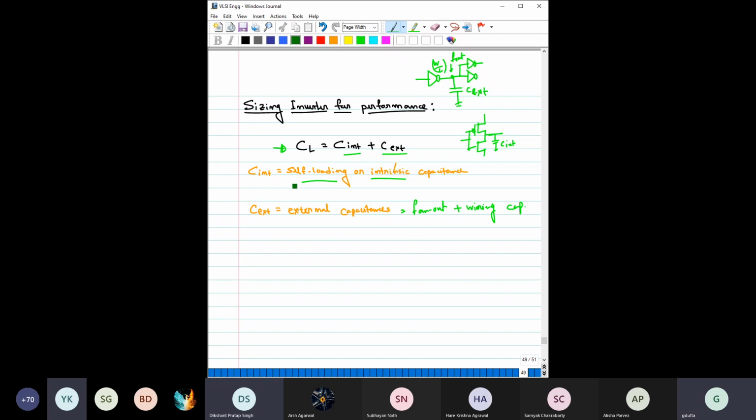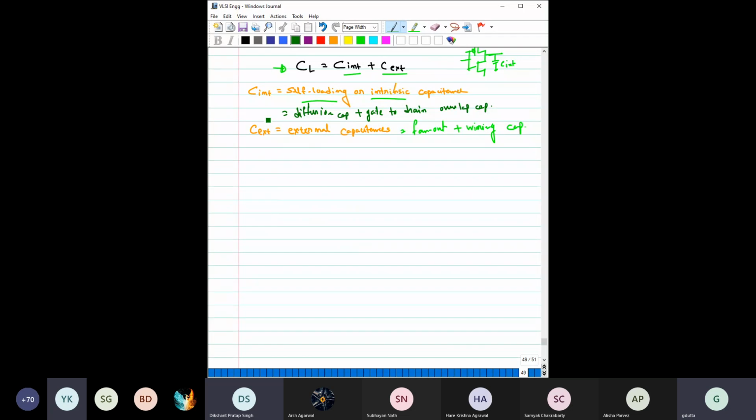And this self capacitance is basically the diffusion cap plus gate to drain overlap capacitance, right? We have discussed this a couple of times, but I just wanted to recap it here.